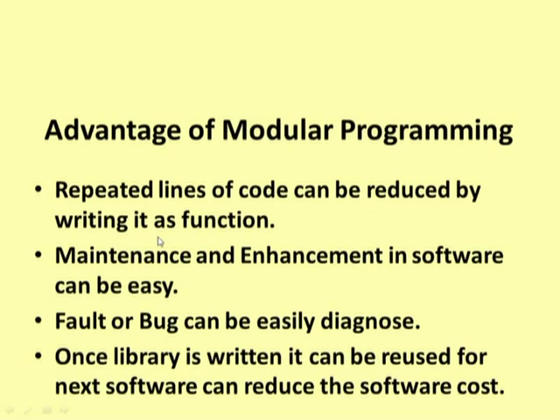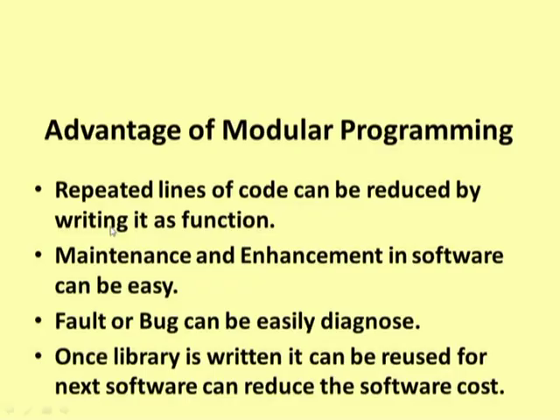Next point, that is, once a library is written, it can be reused for the next software, and so it can reduce the software cost. Now generally the software cost can be computed by the lines of code. It means the number of lines written by the software developers determines the cost.